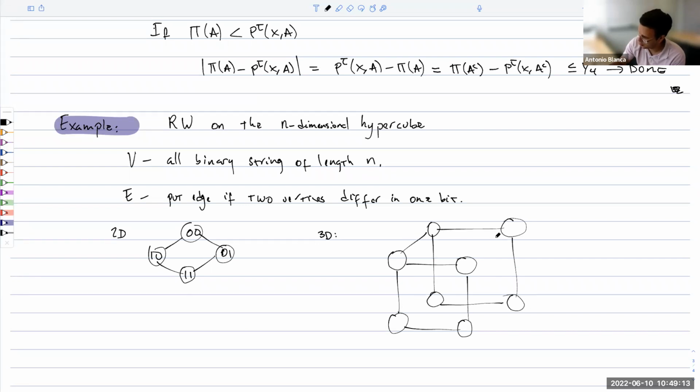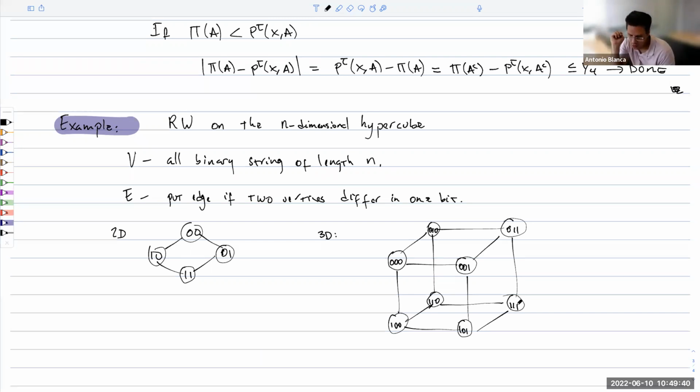And now you have all binary strings of length 3. So this would be like 000, 001, 010, 100, and now you can complete, right? So this one would be 011, this one would be 101, this one would be 110, this one would be 111. Okay? So that's the 3-dimensional hypercube.